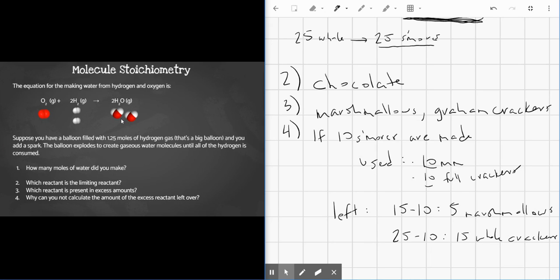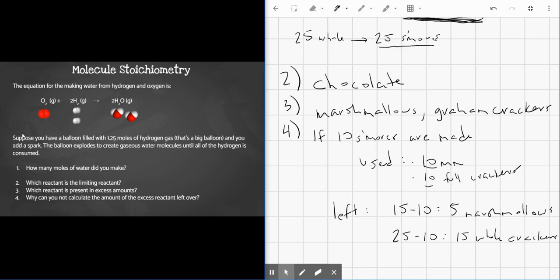And also, we're going to talk in a second that here I've put the pictures of the molecules, but if I have a whole mole of oxygen, it's the same ratio. I will need 2 moles of hydrogen, and that will produce 2 moles of water. So the ratios here of 1 to 2 to 2, they're going to apply whether you're talking about individual molecules or whether you're talking about a whole mole of those molecules.